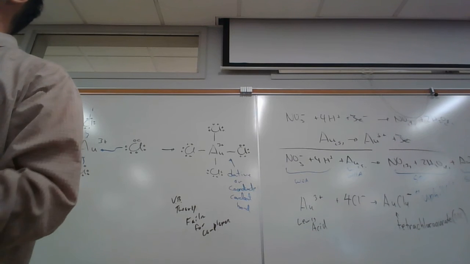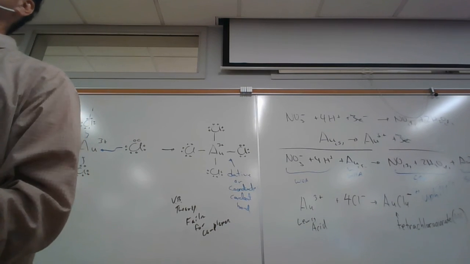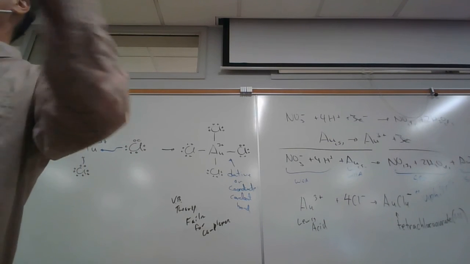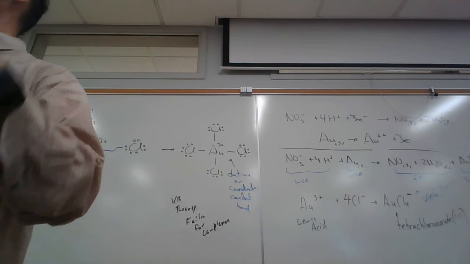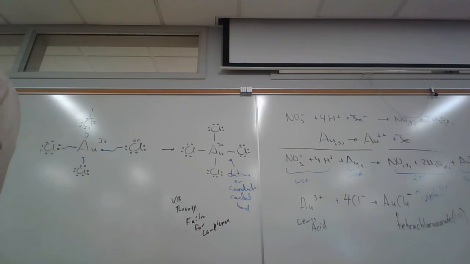This is a combination of redox, so we oxidize the gold, and Lewis acid-base, we complex the gold. To reverse it, you have to break apart the complex and then reduce the gold back to gold metal using a reducing agent. What reducing agents can you use? Anything, because gold(III) ions are powerful oxidizers.